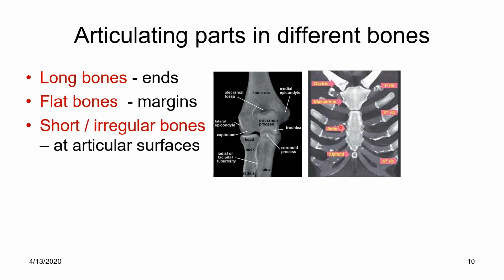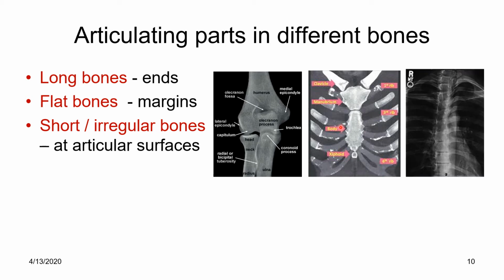Coming to the short or irregular bones, they are articulated at the articular surfaces. Let us see the vertebral bodies. In between the bodies of the vertebrae, what you are seeing are the intervertebral discs.